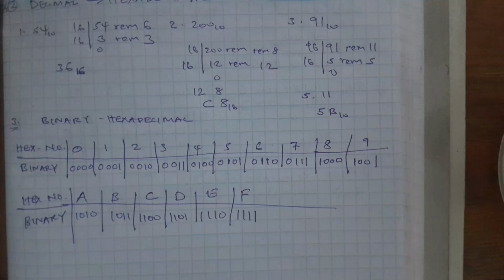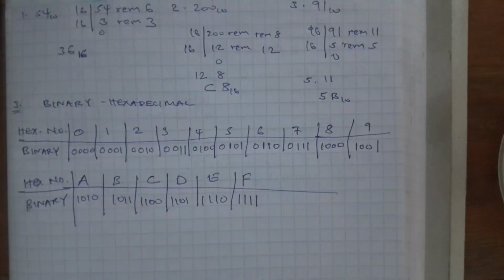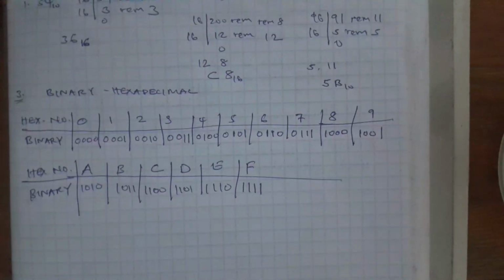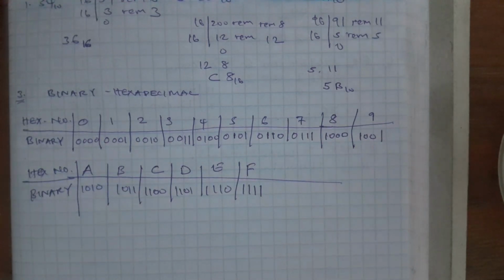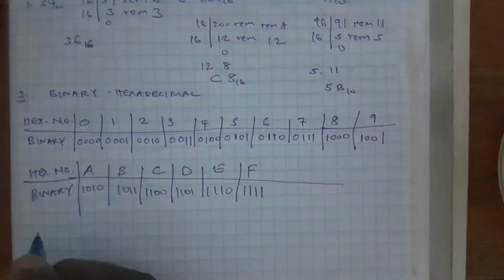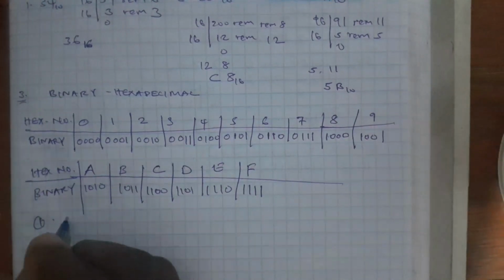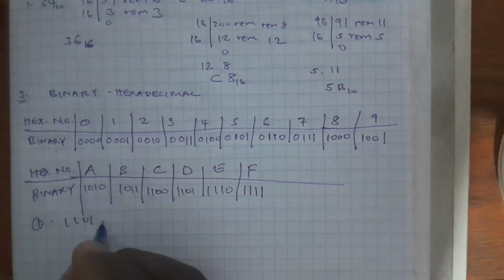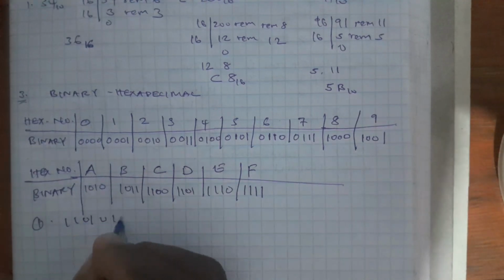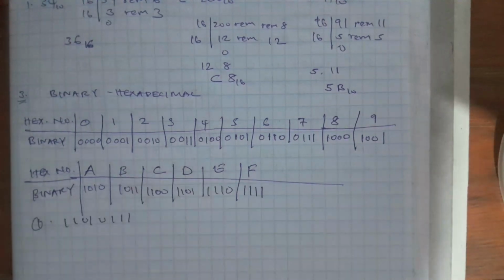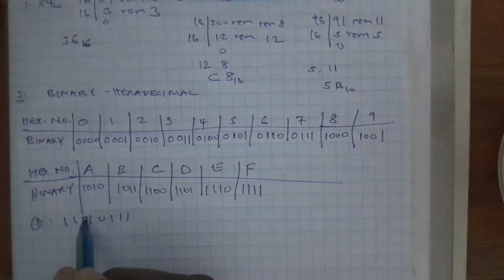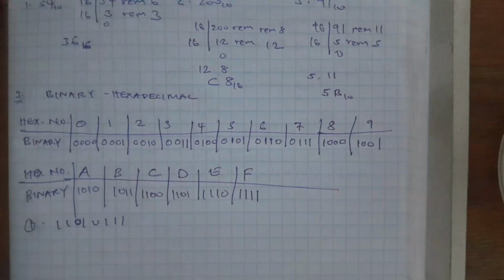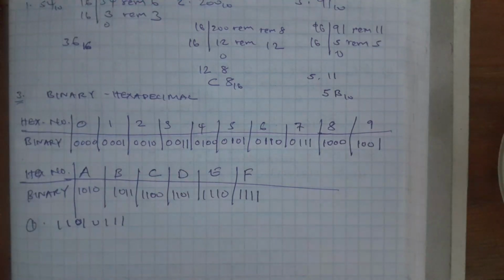Now, if you have binary values and you want to convert them to hexadecimal numbers, you need to familiarize yourself with the different binary representations of different hexadecimal numbers. For example, if you have number 1, you have 1, 1, 0, 1, 0, 1, 1, 1. You simply separate the binary values into groups, which will give you different hexadecimal numbers.